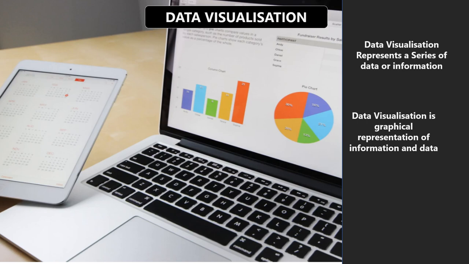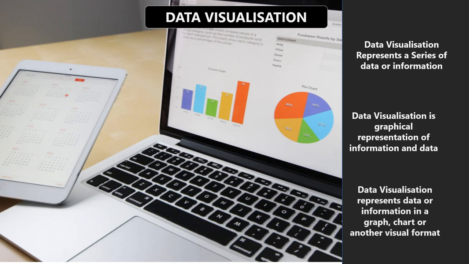Using visual elements like charts, graphs, and maps, data visualization tools provide an accessible way to see and understand trends, outliers, and data patterns. Data visualization represents data or information in a graph, chart, or another visual format. It communicates the relationships of the data with images.